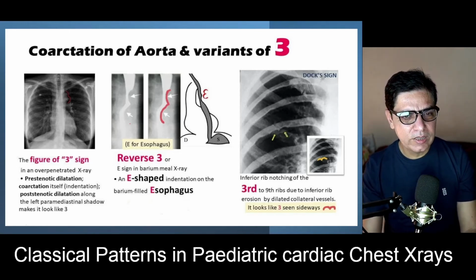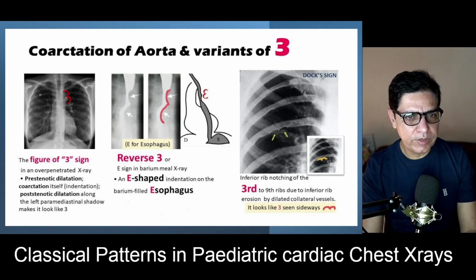So usually you might see a figure of 3. If you see, this is the aortic knuckle, then there is a concavity, and then there is again a convexity. This is the pre-stenotic dilatation. Where this here is the coarctation, the area proximal to that is dilated, so we call it the pre-stenotic dilatation.